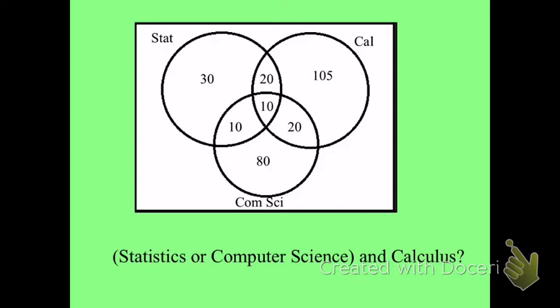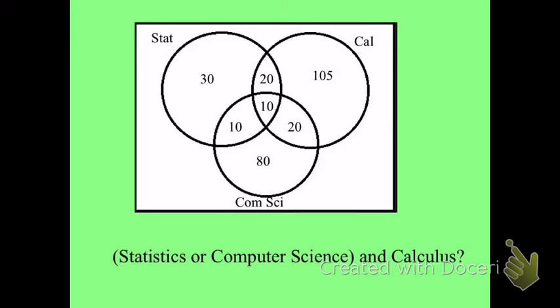Okay, this one, stats or computer science, and calculus. We do the intersection with calculus first. They must be taking calculus and they must be taking stats or comp sci.